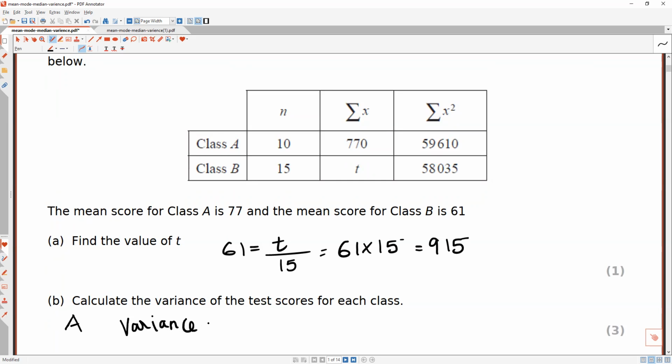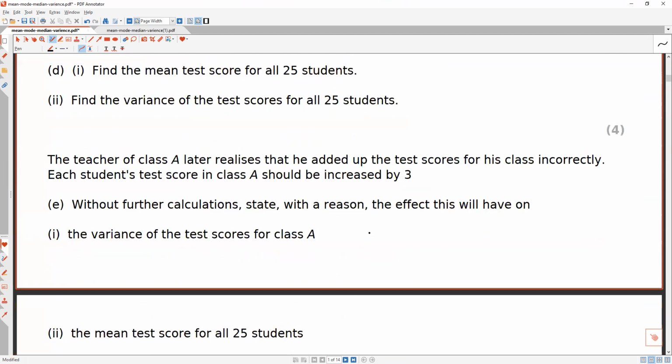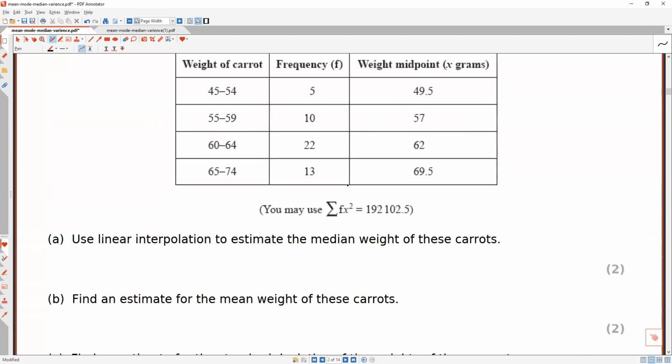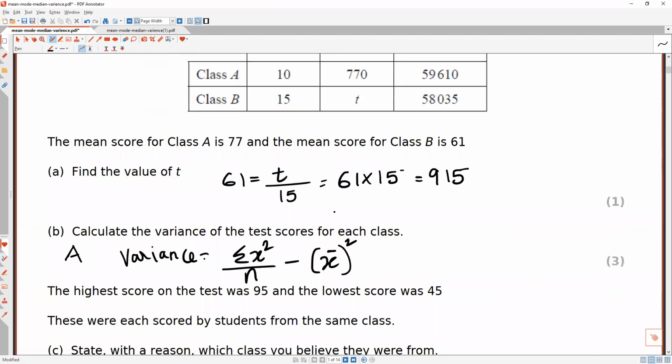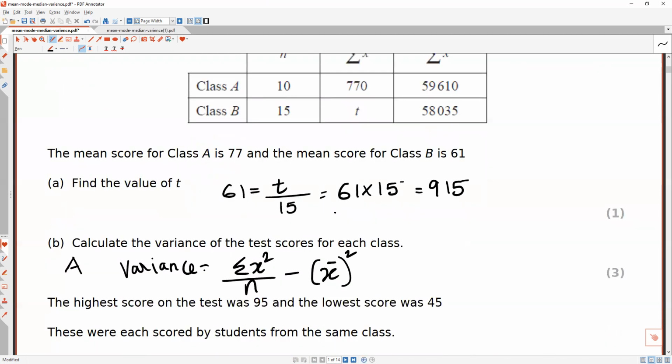Variance equals sigma x square divided by n minus mean square, right? Yes or no? One of the problems is that there is no space here for doing these questions. I thought there were spaces here to do this question. I'm sorry. Okay, this is a 3 marker question, I'm giving you a chance to show me how to do it.